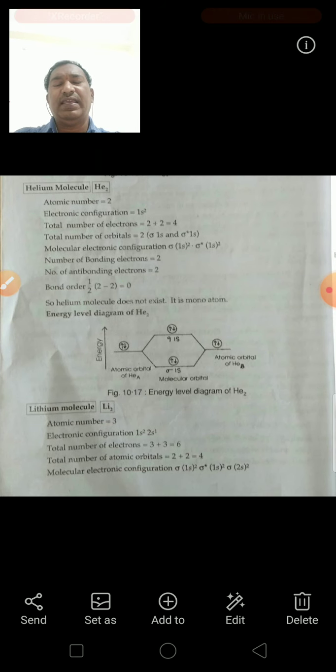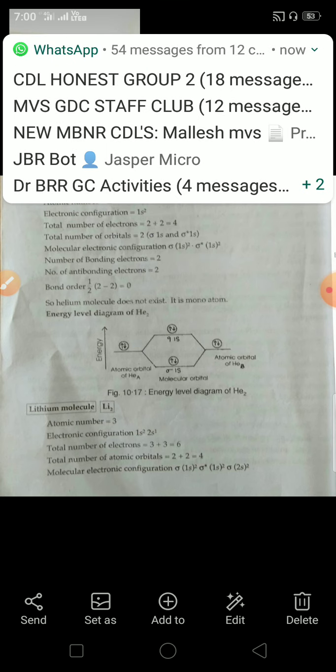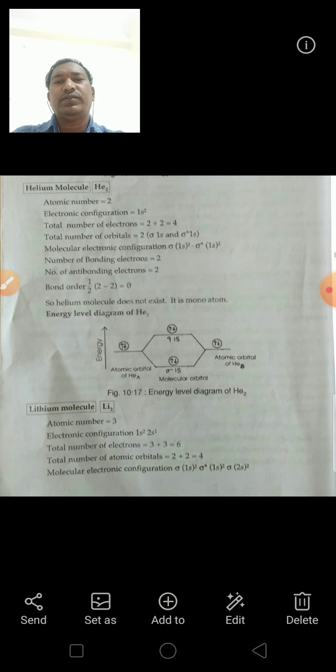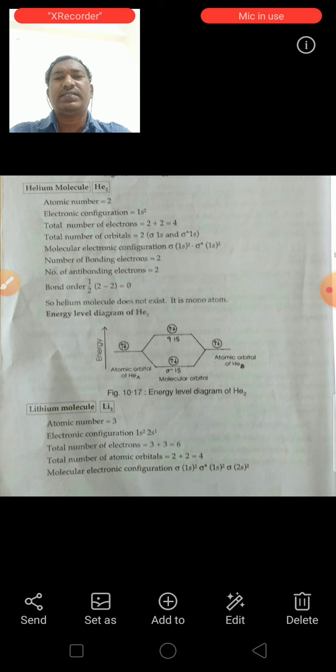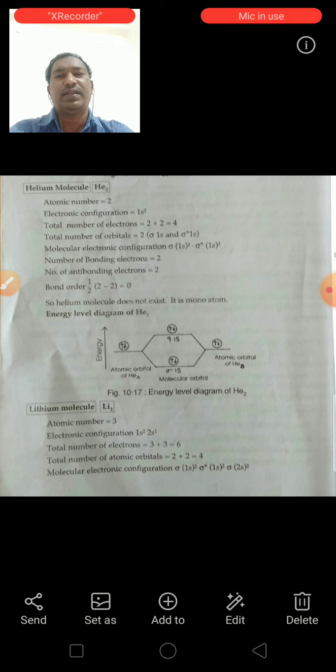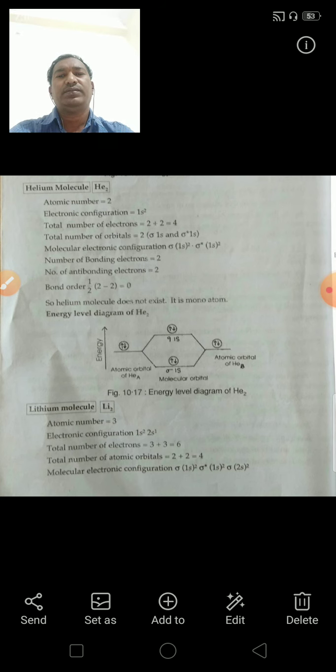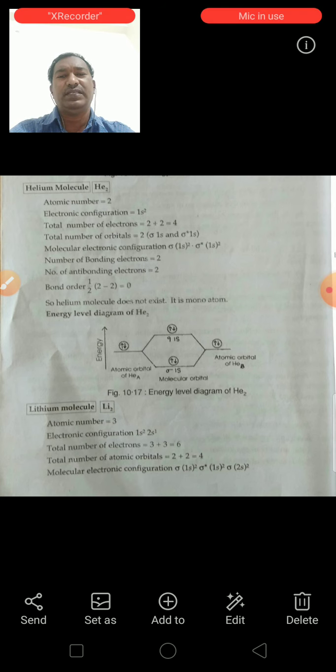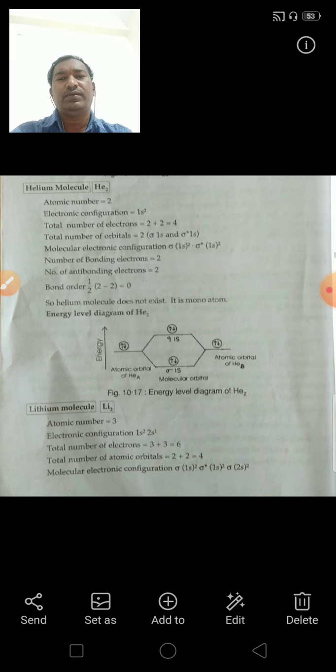Next, see the helium molecule. The atomic number of helium is 2, so the number of electrons in the helium molecule is 2 plus 2, 4 electrons. The molecular electronic configuration is sigma 1s2, sigma star 1s2.